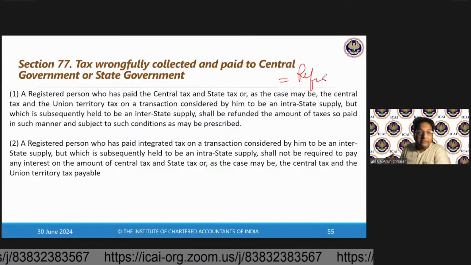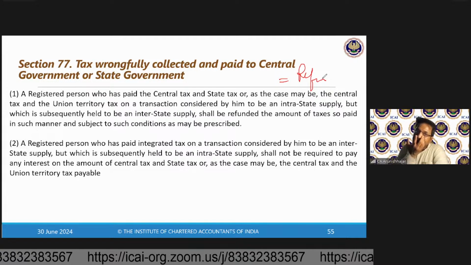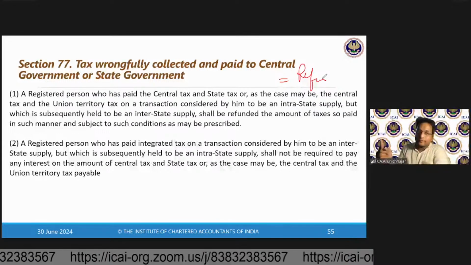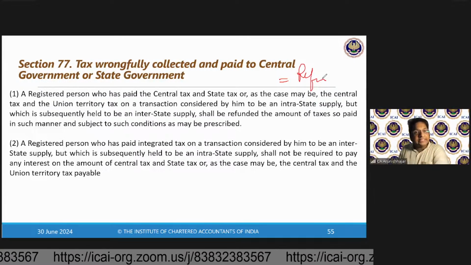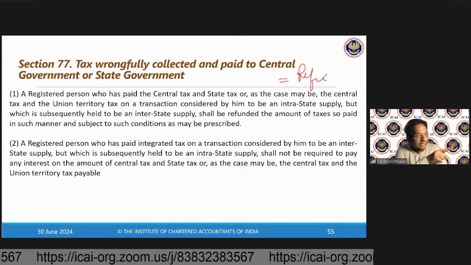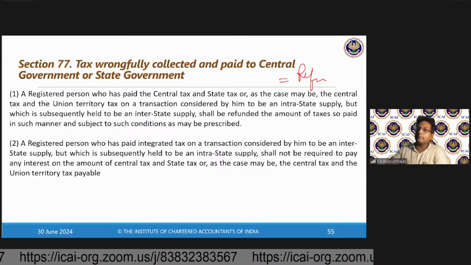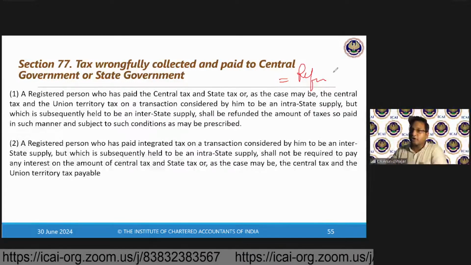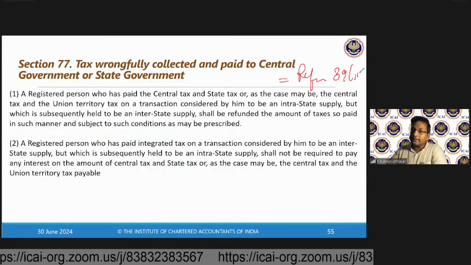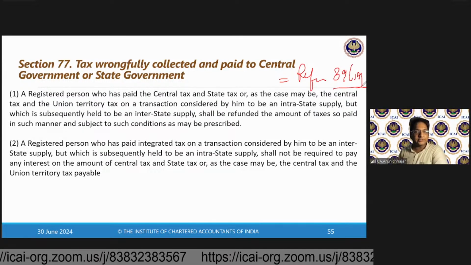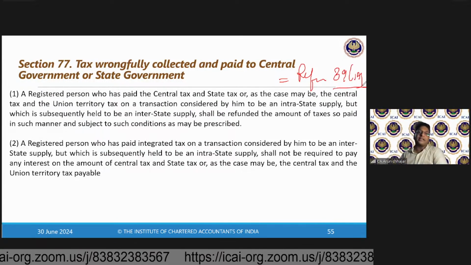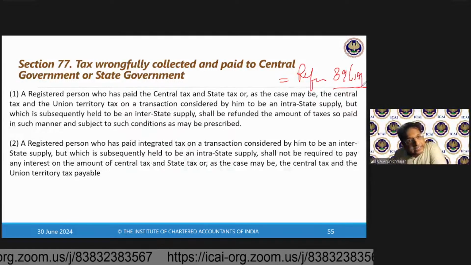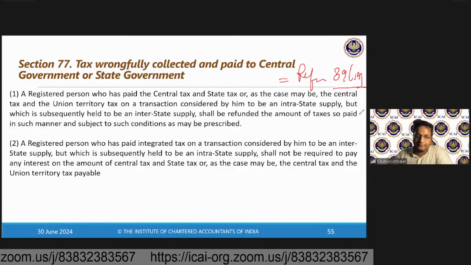Section 77, read with Section 19 of IGST, says to pay the correct tax, that is CGST plus SGST, and take the refund of the wrong tax, that is IGST. Rule 89 sub-rule 1A talks about this: I can take the refund of the wrongly paid taxes within 2 years from the date when I am paying the correct taxes. That is the relevant date.